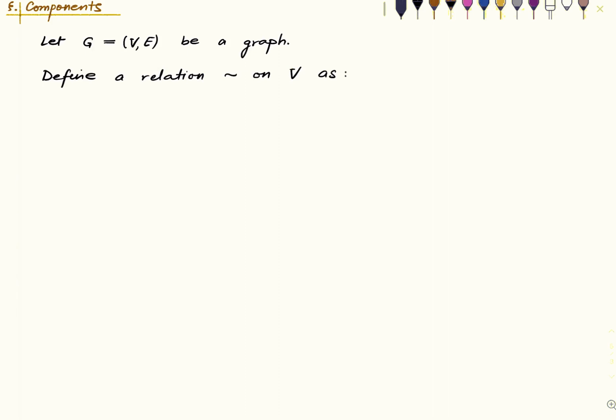For X and Y in V, we write X tilde Y if there is a walk in G, of course, from X to Y.